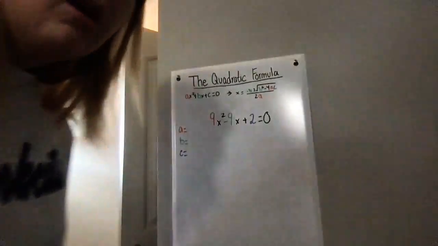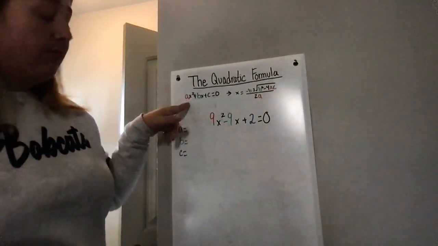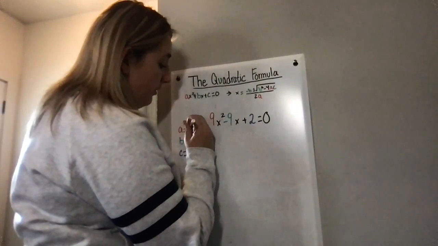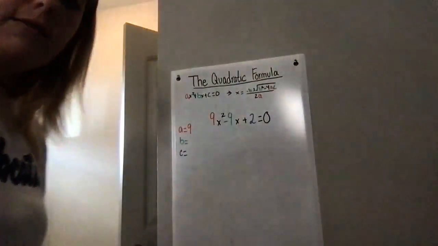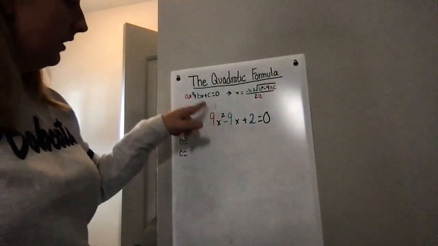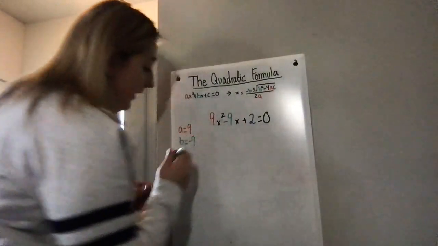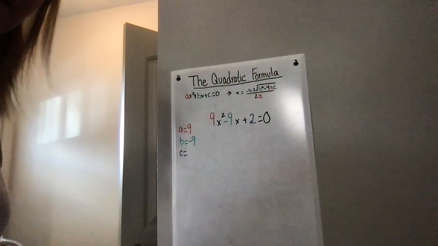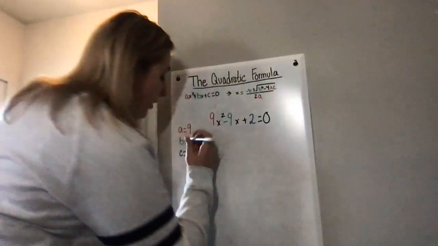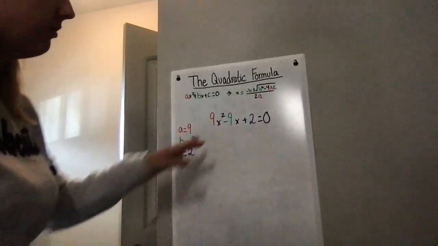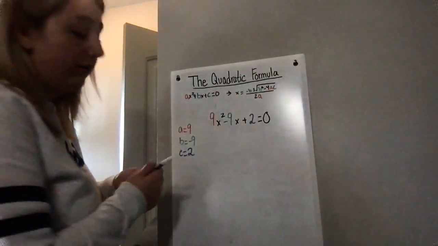So from looking at this equation compared to that one, we know that a is equal to 9, so we can put 9 right there. We then know that what's in the b place is negative 9, so b equals negative 9. And the number in the c place is 2, so c equals 2. We then plug those numbers into our quadratic formula.